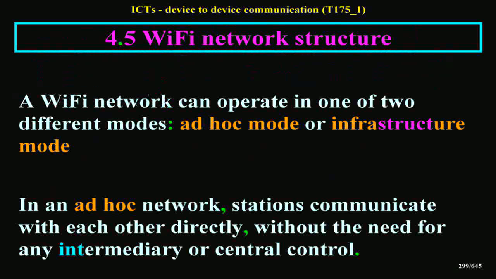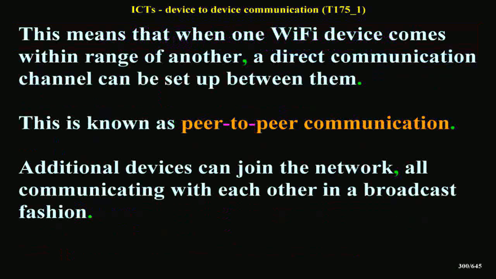5. Wi-Fi network structure. A Wi-Fi network can operate in one of two different modes: ad hoc mode or infrastructure mode. In an ad hoc network, stations communicate with each other directly, without the need for any intermediary or central control. This means that when one Wi-Fi device comes within range of another, a direct communication channel can be set up between them.